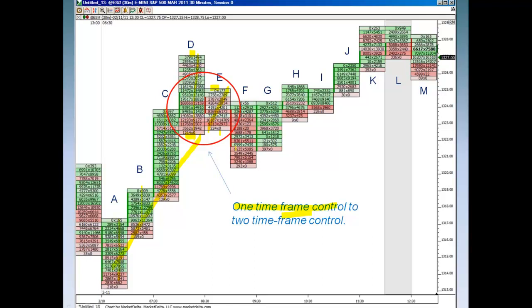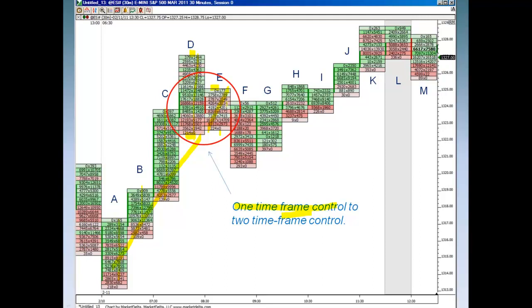In addition to that, the next clue that I have, take a look at the extent of the range. First of all, the range for E is a much narrower and smaller range than D. It is a little bit less than half. Another indication that we're in a transition, look at where most of the trading activity is actually taking place.